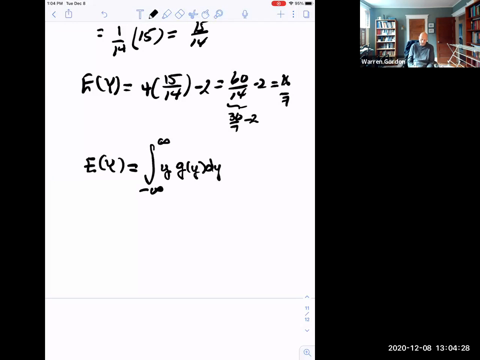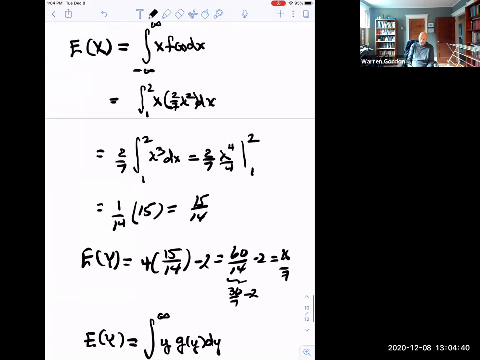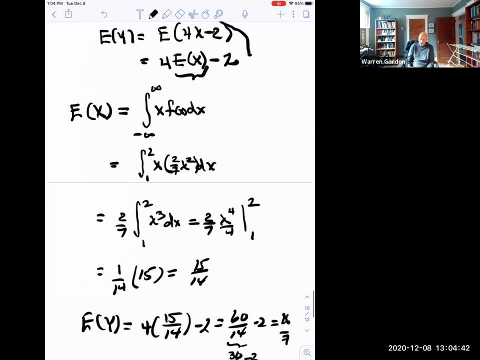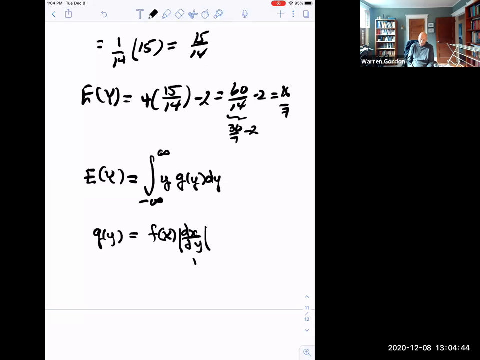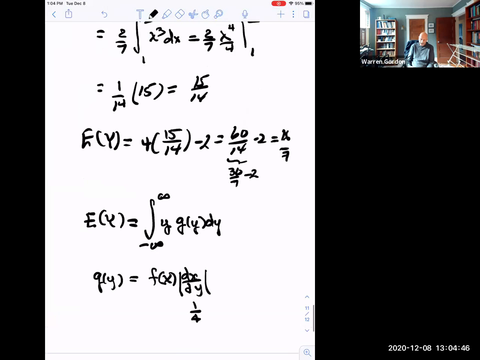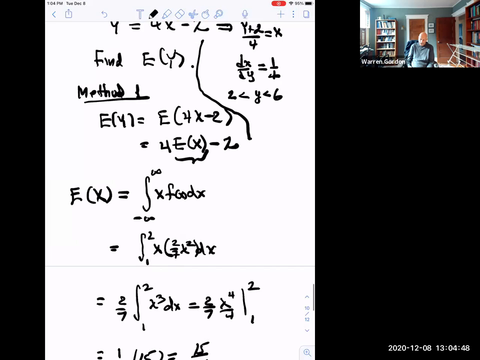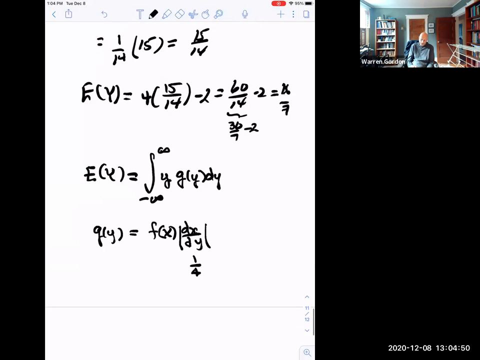By the change of variable theorem, g of y is equal to f of x times dx dy. I just found that dx dy is 1/4. And between 2 and 6, I'm going to replace this by 6.